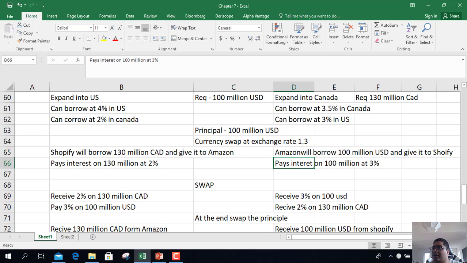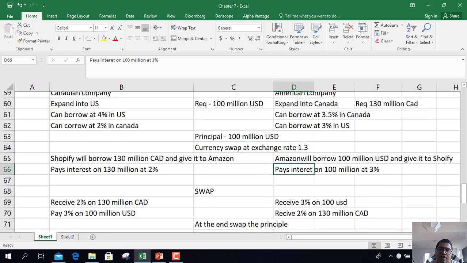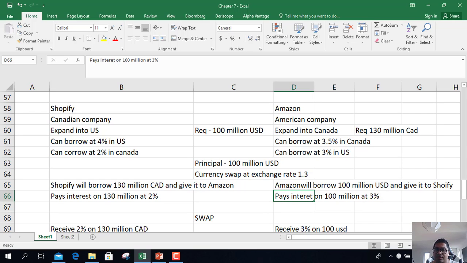Amazon will borrow 100 million USD in the American system and give it to Shopify. So Shopify gets 100 million US dollars from Amazon and can expand into the US. Amazon gets 130 million Canadian from Shopify and can expand into Canada. Both of them get a favorable rate.